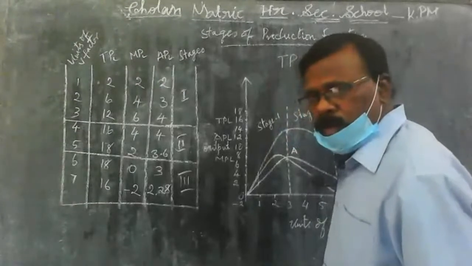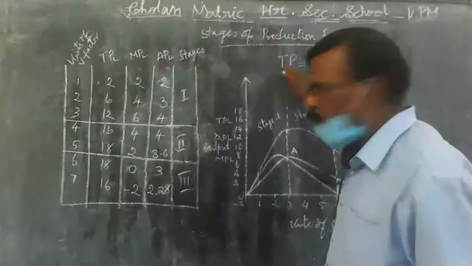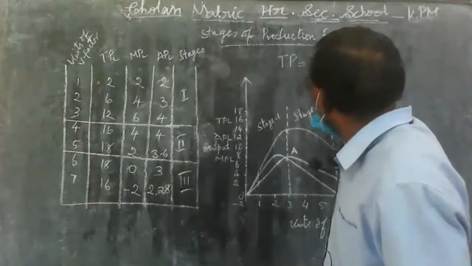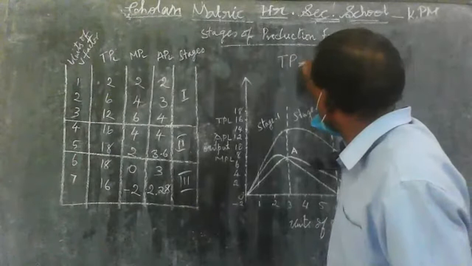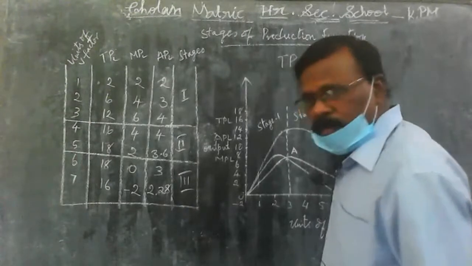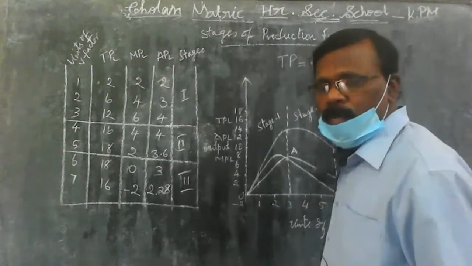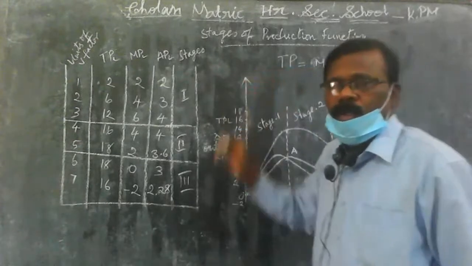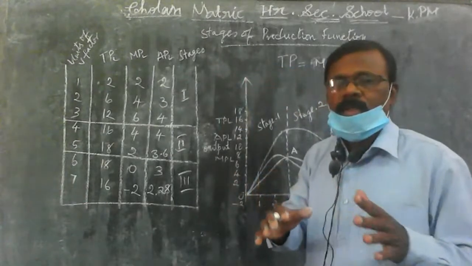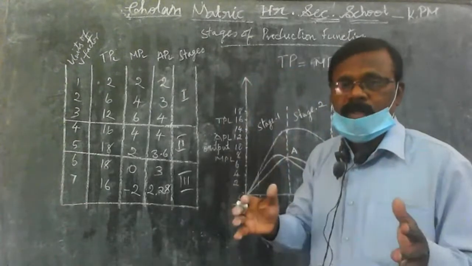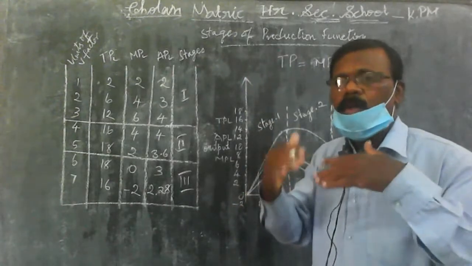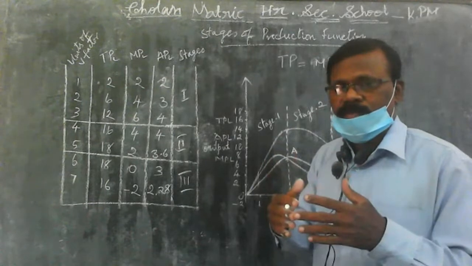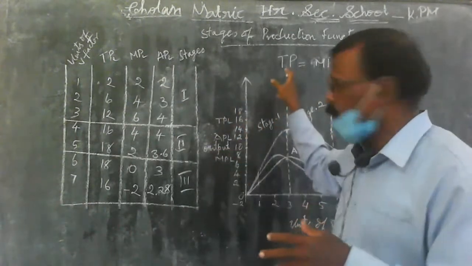Listen here: total product is equal to the summation of MP, that is, marginal product. Total product means the total quantity of the product produced by combining all the units of factors. That is called the total product.